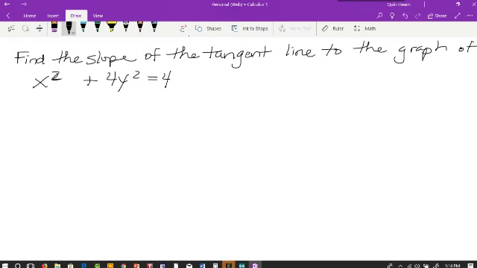Okay, and we're going to find that slope at the point. Actually, let's do points more than one.